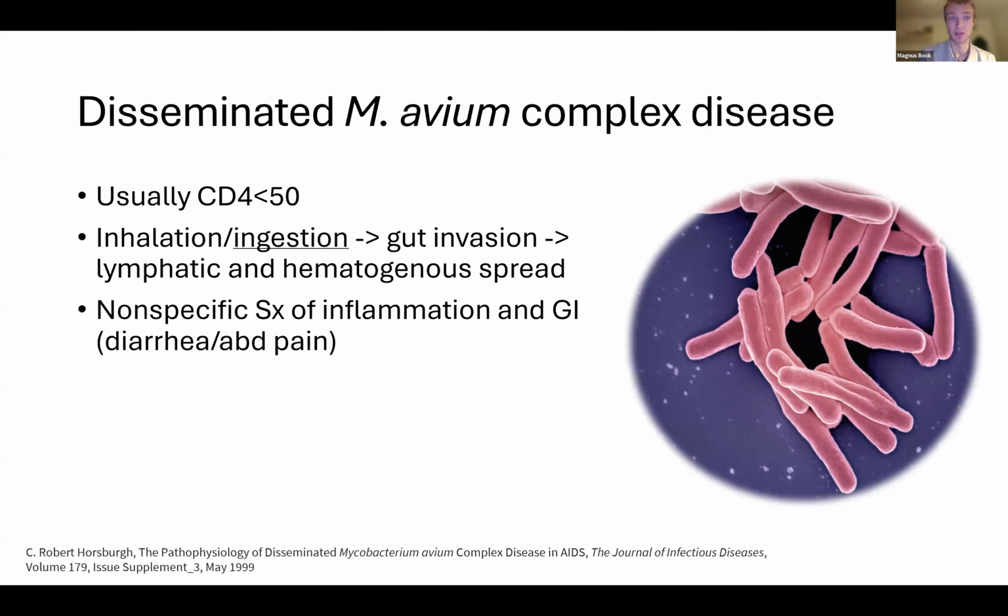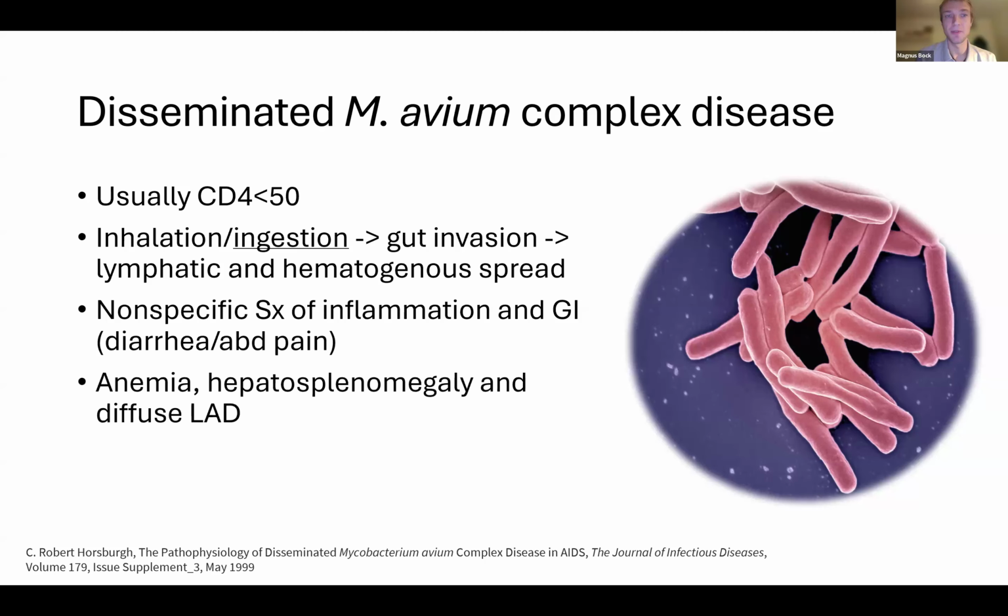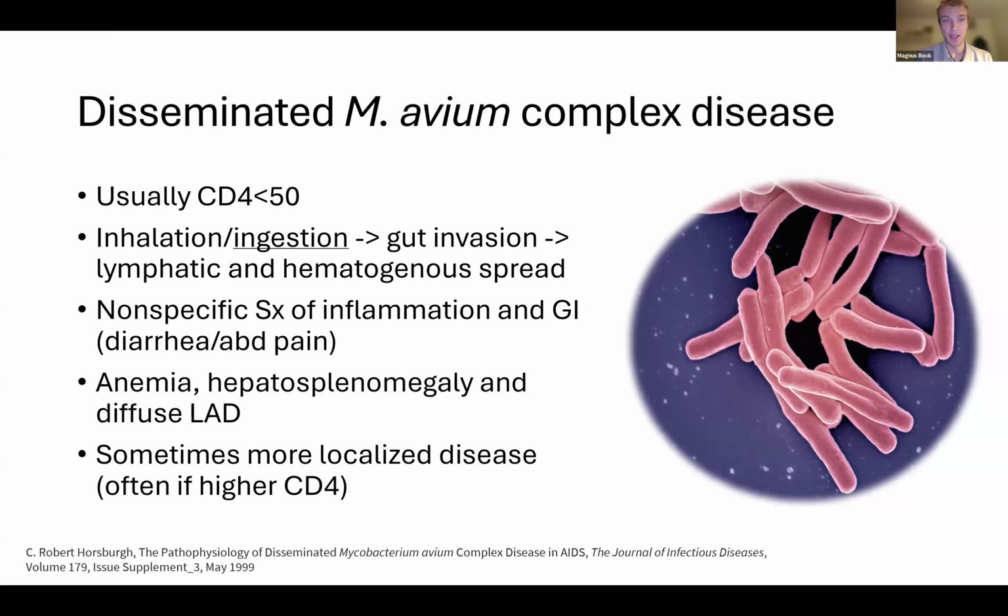We can get non-specific constitutional symptoms, and then we can also get some GI symptoms like diarrhea and abdominal pain. And due to the spread through the lymphatic system, we can also see anemia, hepatosplenomegaly, and also diffuse lymphadenopathy, as was the case in this patient. And sometimes, if the CD4 count is higher, it can present with more localized disease because the body is better able to contain the infection.